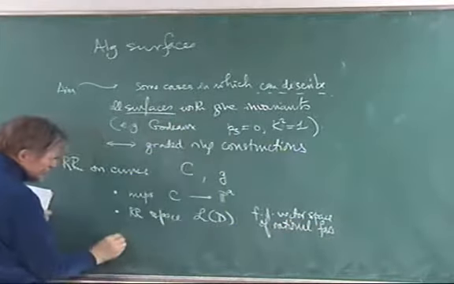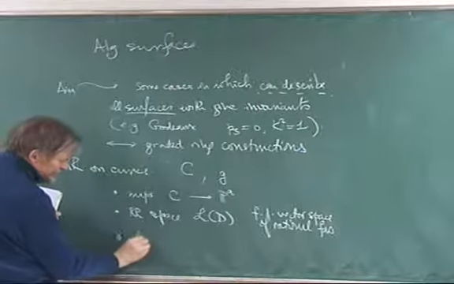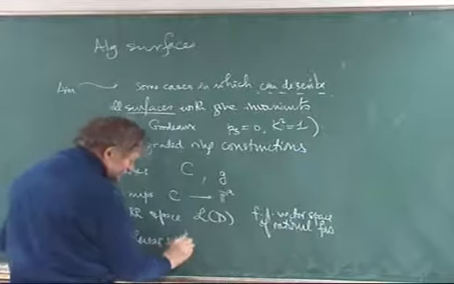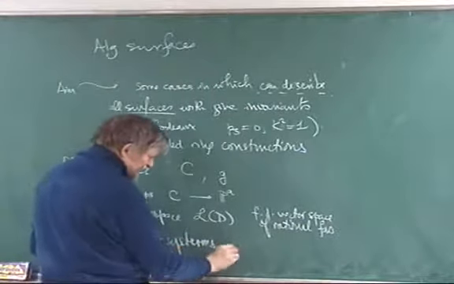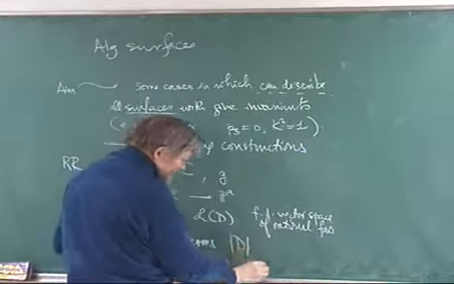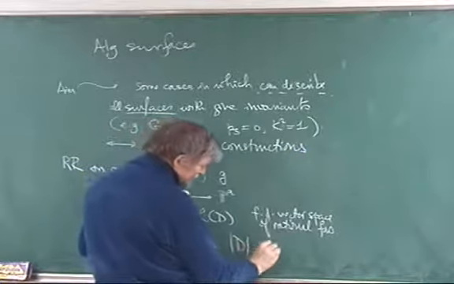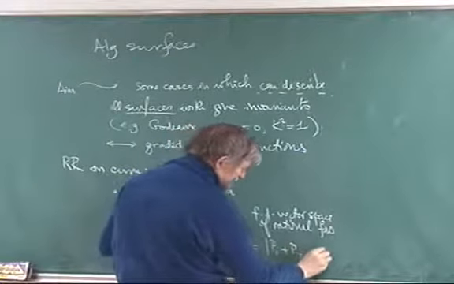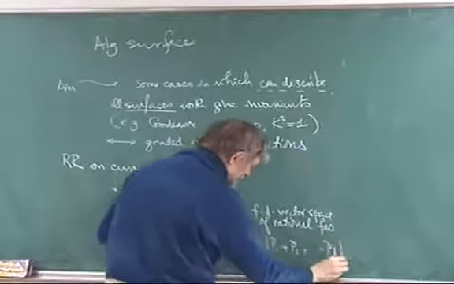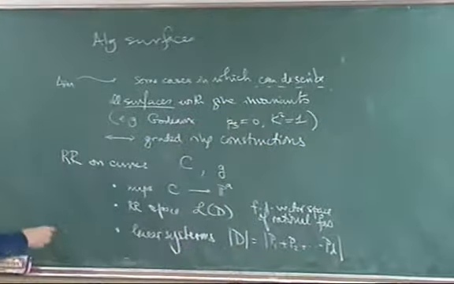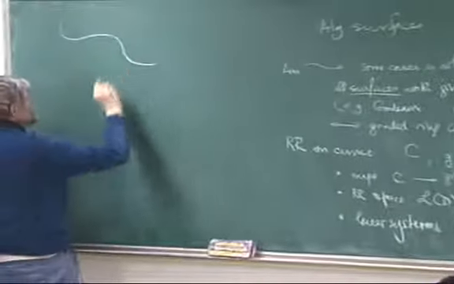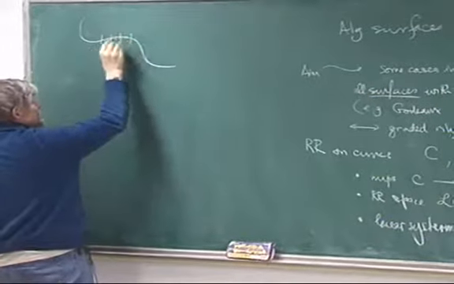Or we can talk about linear systems. |D|. And so D, this is really P1 plus P2 plus ... Pd. And so we want to think of this as, so here's my curve maybe, and here are my points.